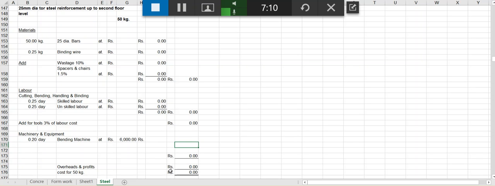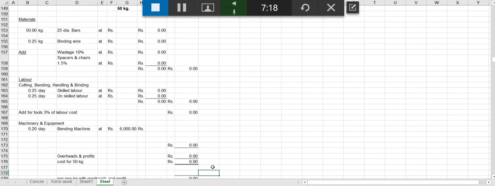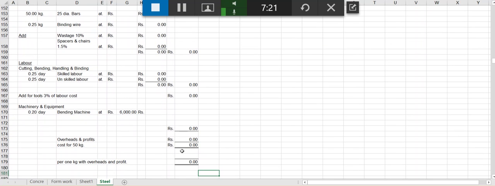That is for the total 50 kg. At the end of that, you can add 25% of overhead and profit. Then it will give you the price for 50 kg. But our consideration is per 1 ton, so you need to convert this figure for 1 ton.